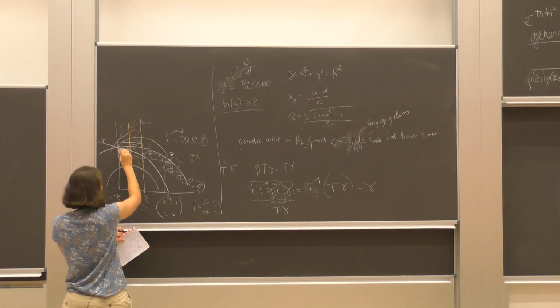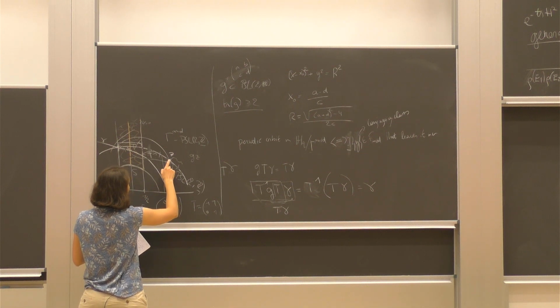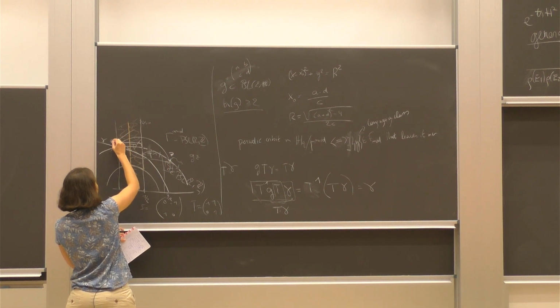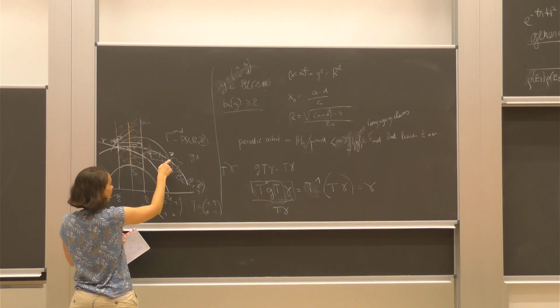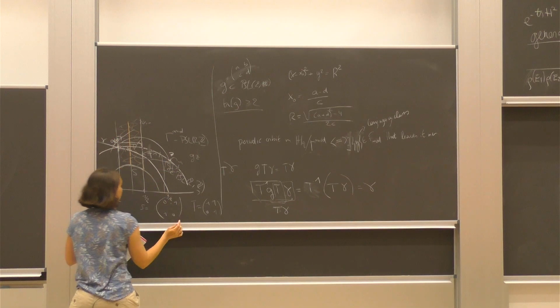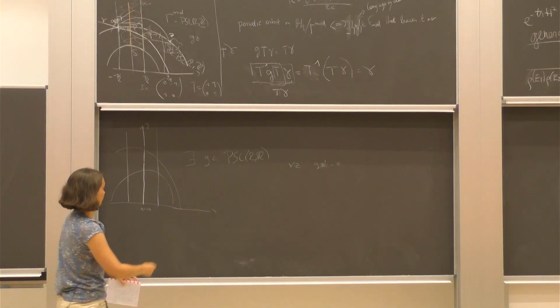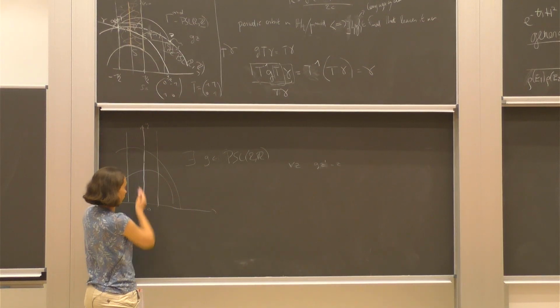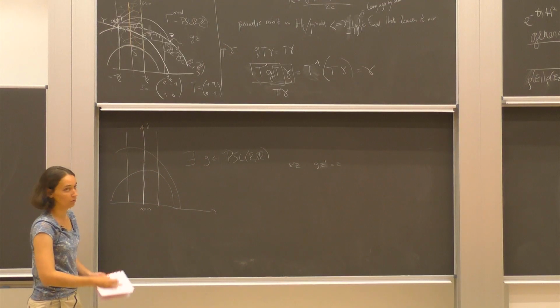So we're interested in the length between, so that would be G of Z, and that would be Z. So we're interested in the length between Z and G of Z. But now we map this geodesic to this vertical line, which makes the computation of length between points very easy.